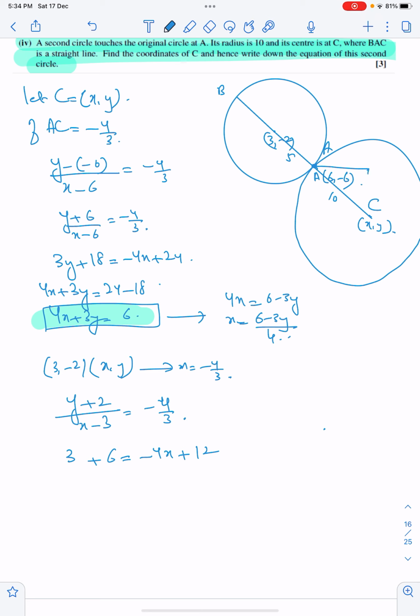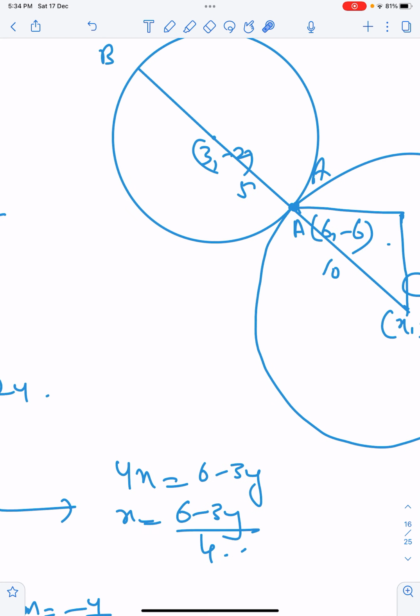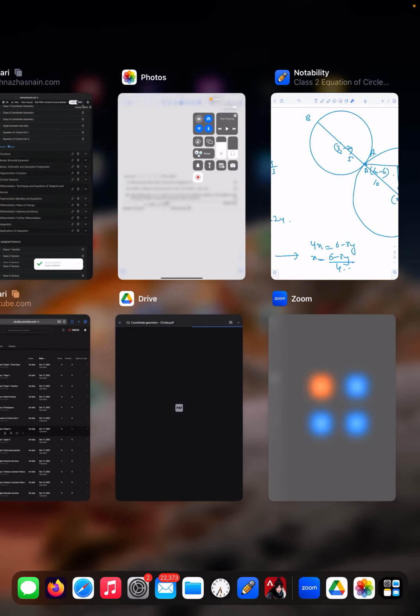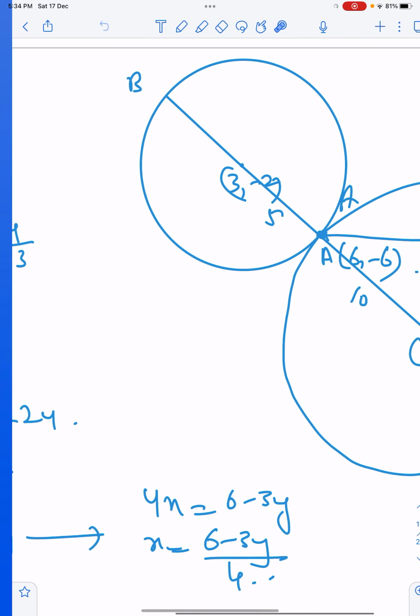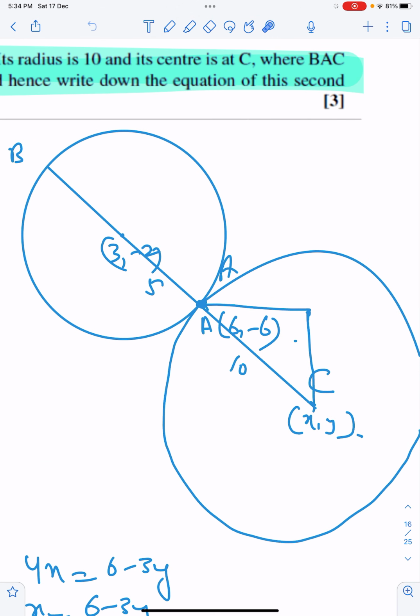That means I have a clue here, and that is if you look closely at the two circles, this distance is 10 and this distance is 10.